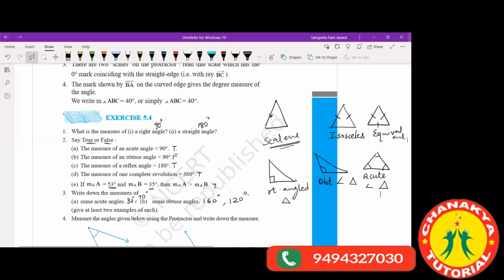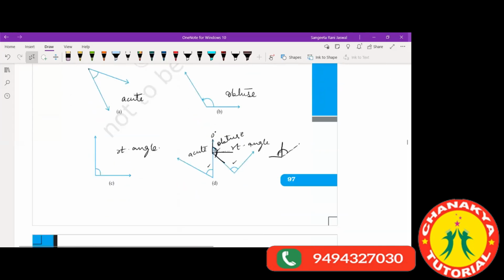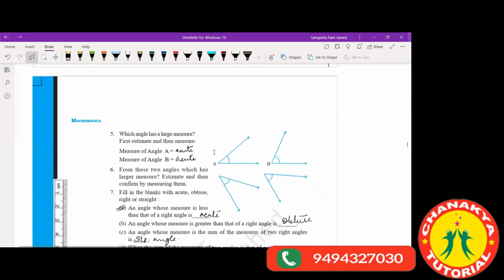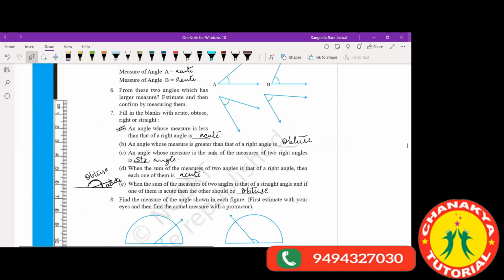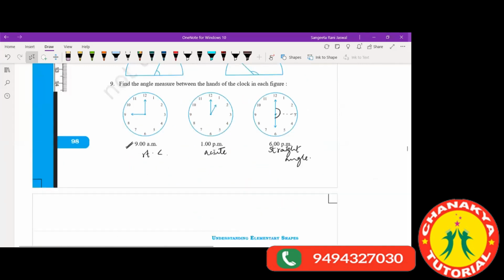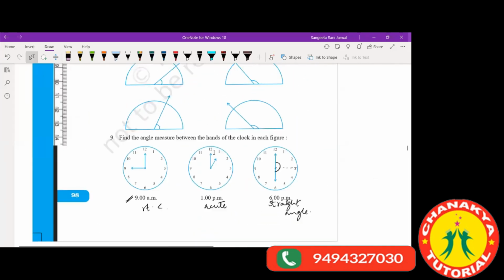Then furthermore, we studied how to make angles. You studied how to measure and make a 60-degree angle using a protractor, no?